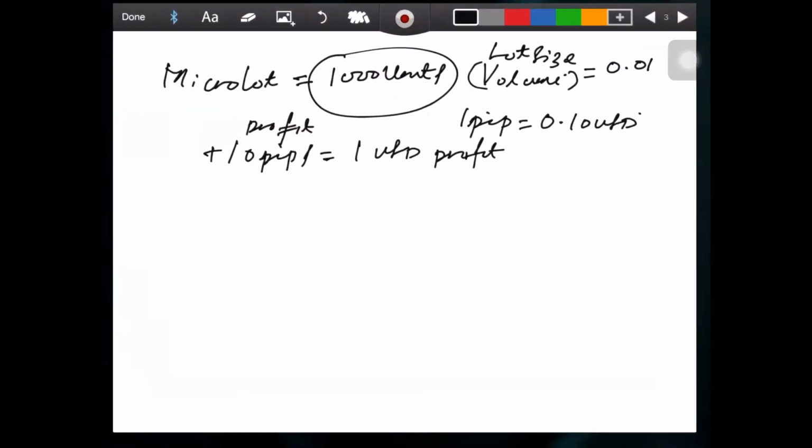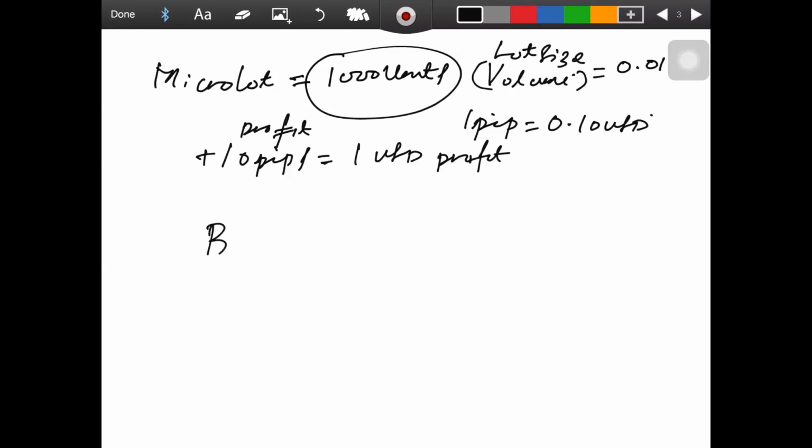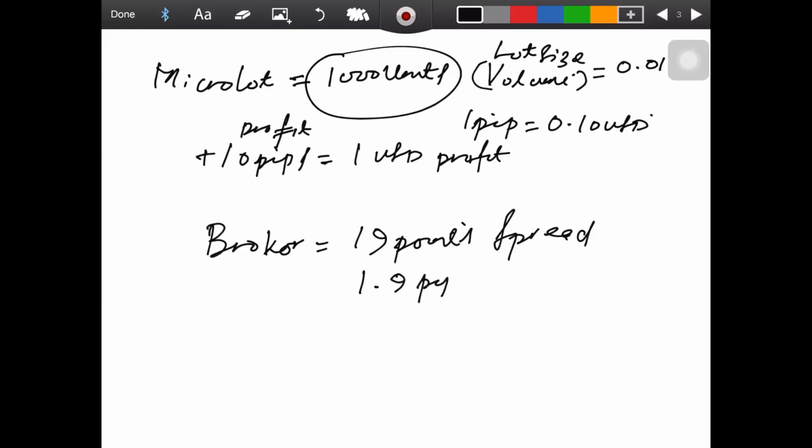So the broker took, let's look at it, the broker took 19 points spread. 19 points is 1.9 pips. Now remember, for a standard lot, which we just bought, 1 pip movement is equal to 10 USD.